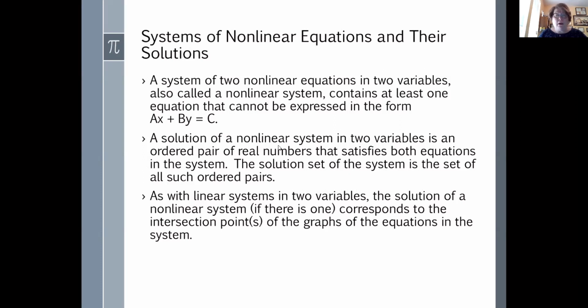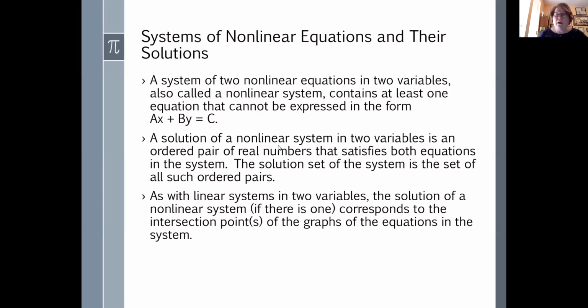So when you're solving a nonlinear system, you may have a solution set that contains more than one ordered pair. As with linear systems in two variables, the solution of a nonlinear system, if there is one, corresponds to the intersection points of the graphs of the equations in the system.